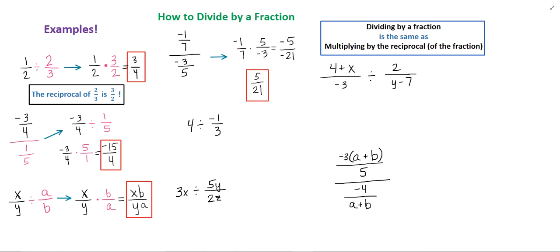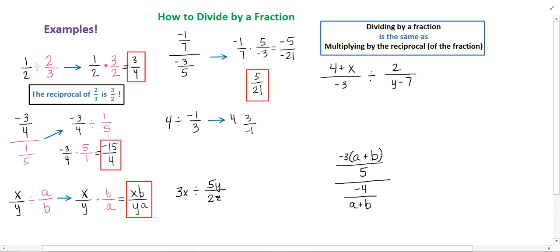So the next example, we're dividing by negative 1/3, but this time we have a whole number that's being divided, not a fraction. But we're going to treat it the same way. So we're going to say 4 times the reciprocal, which is 3 over negative 1.